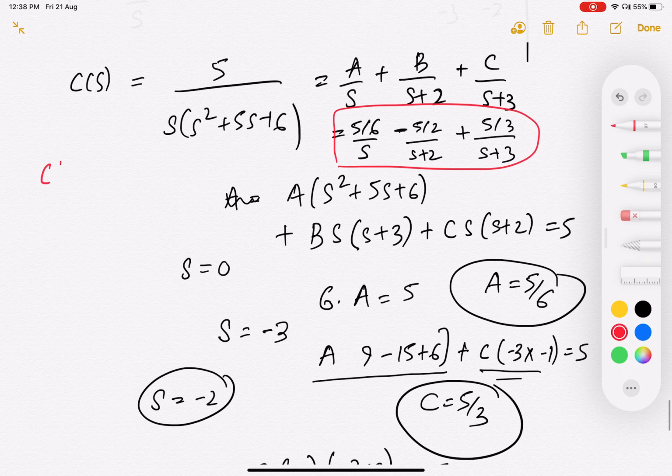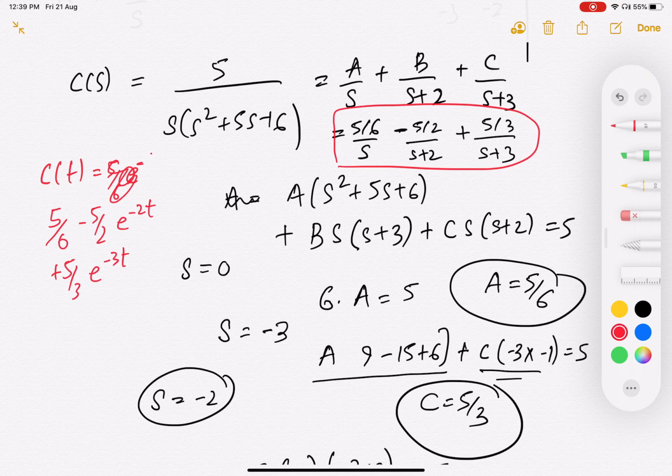I get C of t is equal to 5 by 6. Sorry, this is 5 by 6 minus 5 by 2 e to the power minus 2t plus 5 by 3 e to the power minus 3t.